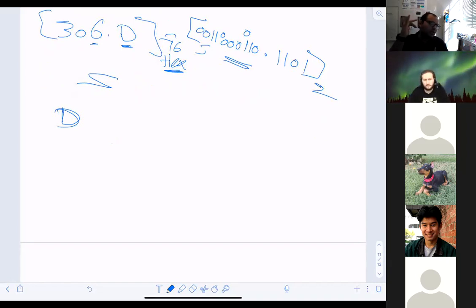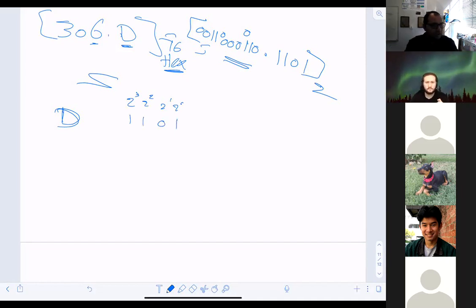So basically B is 11, C is 12, D is 13. So I know 13, and you break it up into a binary system. So you already have 2 power 0, 2 power 1, 2 power 2, 2 power 3, and I need 13. 13 is gonna be 1, 1, and then I have here 0 and here 1. You understand? Yeah.